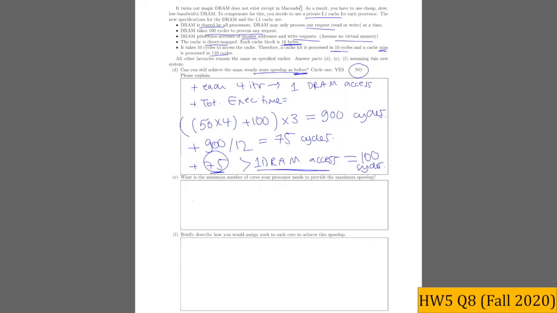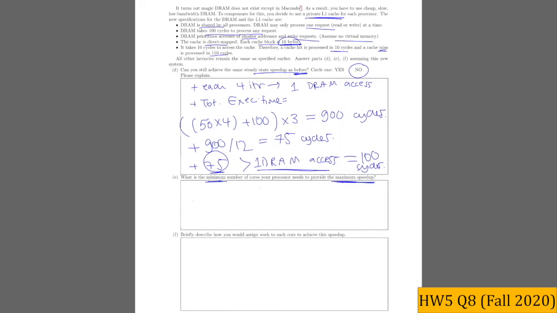The next part asks: what is the minimum number of cores your processor needs to provide the maximum speedup? Here, for the maximum speedup, it's really important to pay attention to the private data cache locality, since each block is 16 bytes, and each 4 consecutive indices would hit in the cache.